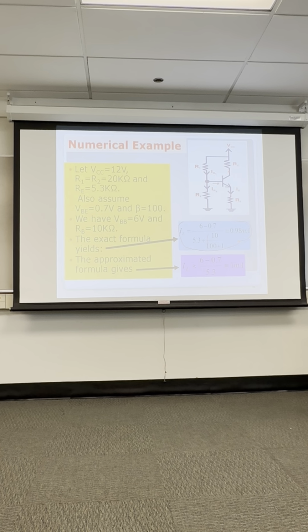We could have 6 minus 0.7 on the emitter, or you could solve I sub E times R sub E, so you can actually get two numbers and decide on which one you're going to actually use in the calculation.